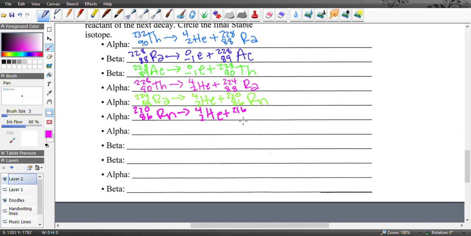86 minus 2 is 84. All right. So 216, 84. Yep, that's hard to read. Po.